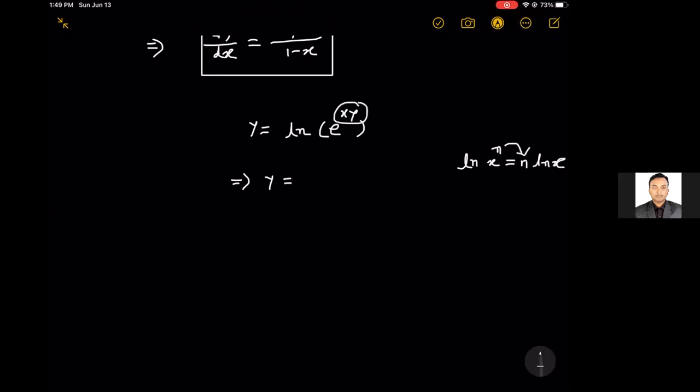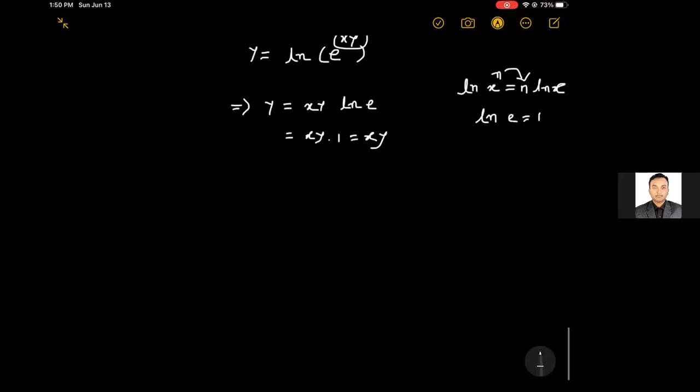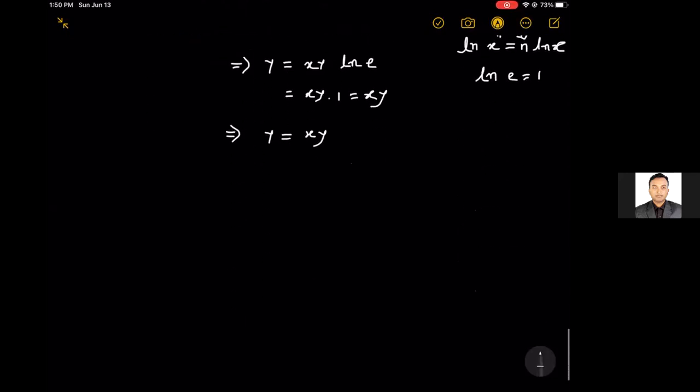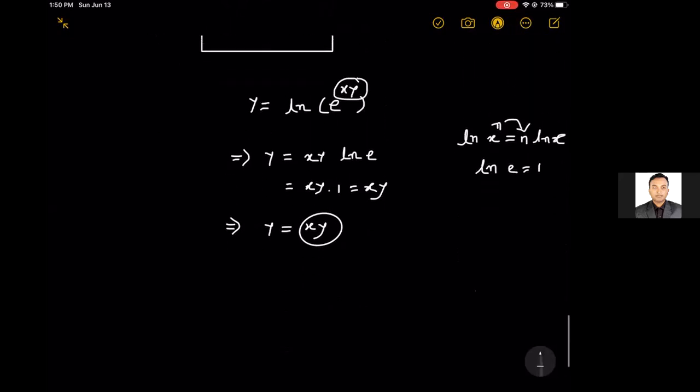So this can be written here, xy times natural log of e, and I know natural log of e is always 1. So instead, I can write xy times 1, which is xy. And now, if you find the derivative of y equals xy, you'll get the same result. Just use the product rule here, nothing else. And then isolate dy dx, okay?